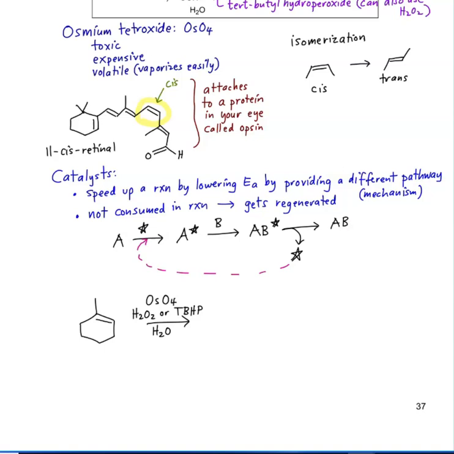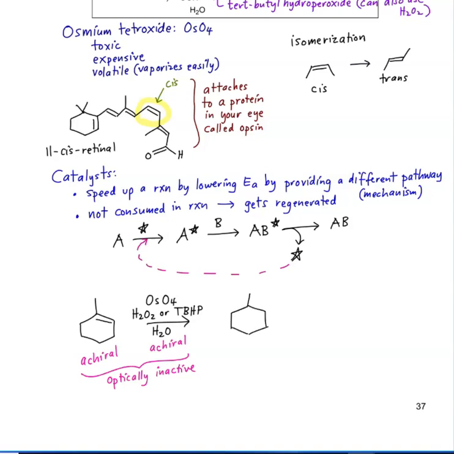So what we have here, as we've seen in other instances, are achiral starting materials and reagents. So these are optically inactive. That leads us to expect optically inactive product.